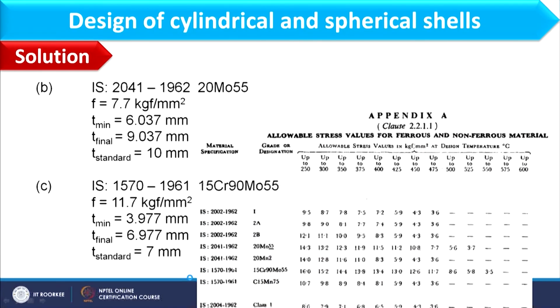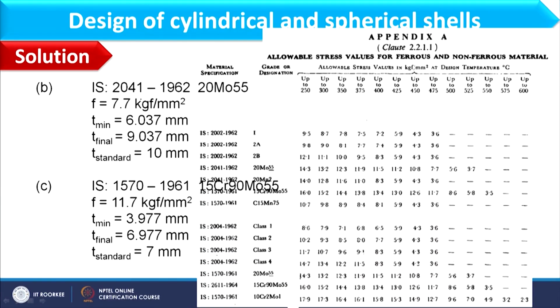And here you see the material is IS 2041-1962, 20 molybdenum 55. So, this is the material, and corresponding to 475, 7.7 is the value which we have considered over here. And similarly, IS 1570-1961, 15 chromium, 19 molybdenum 55.